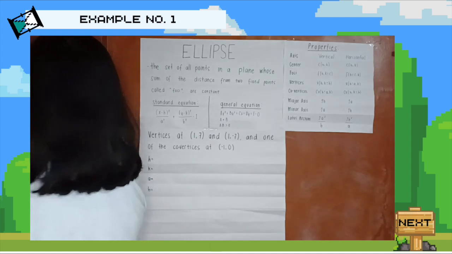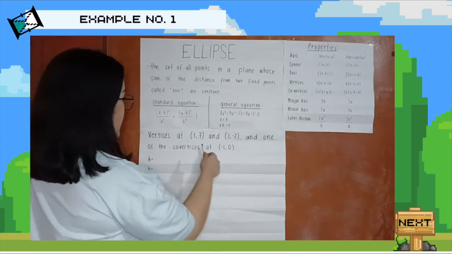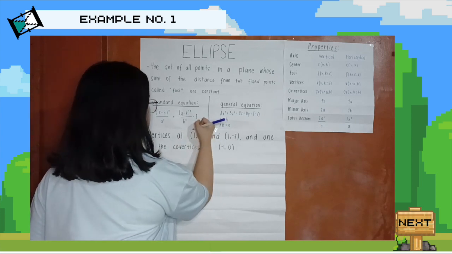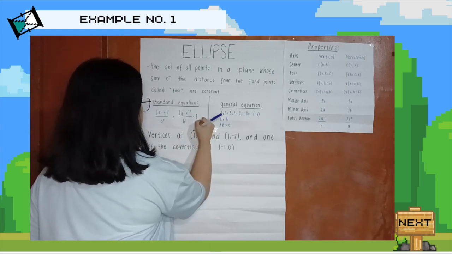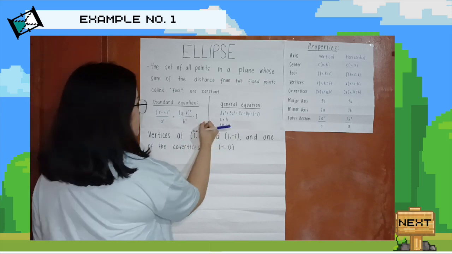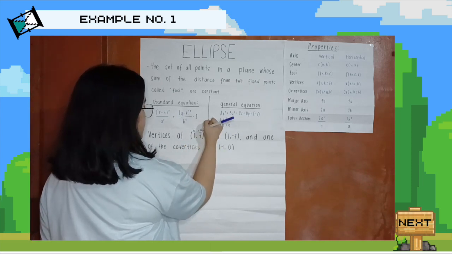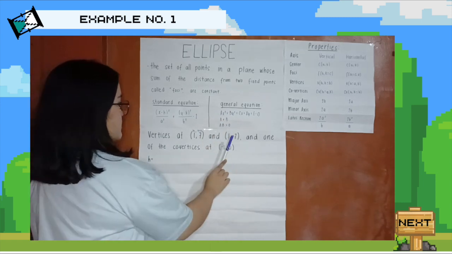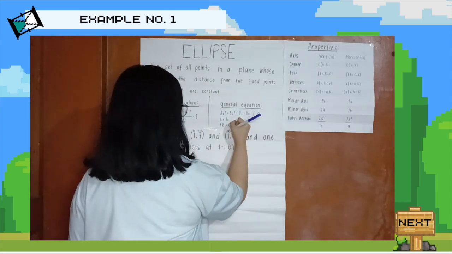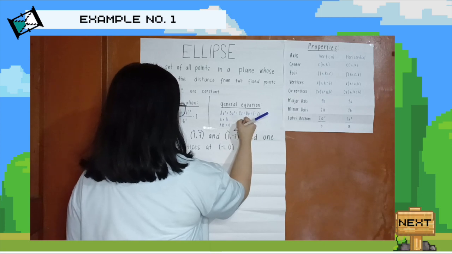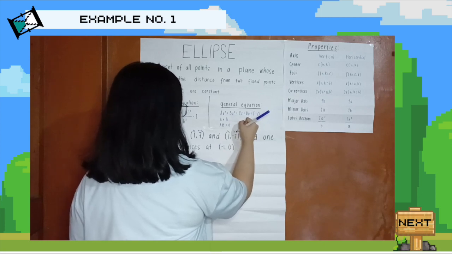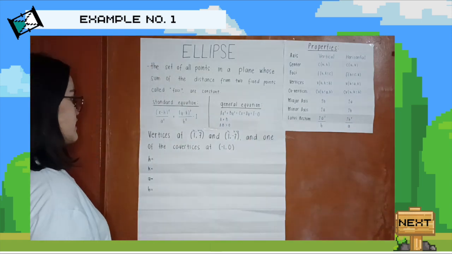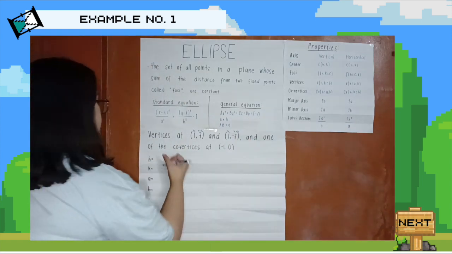So vertices at (h, k plus or minus b), and also here (h, k, b). So we can say that our h is 1.